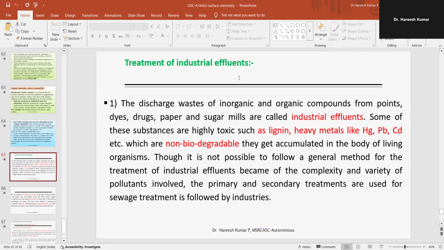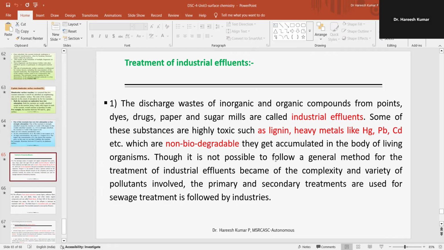Treatment of industrial effluent. The discharged waste of inorganic and organic compounds from paints, dyes, drugs, paper, and sugar mills are called industrial effluents. Some of these substances are highly toxic, such as lignin. Heavy metals like mercury, lead, cadmium, etc., are non-biodegradable and get accumulated in the bodies of living organisms.